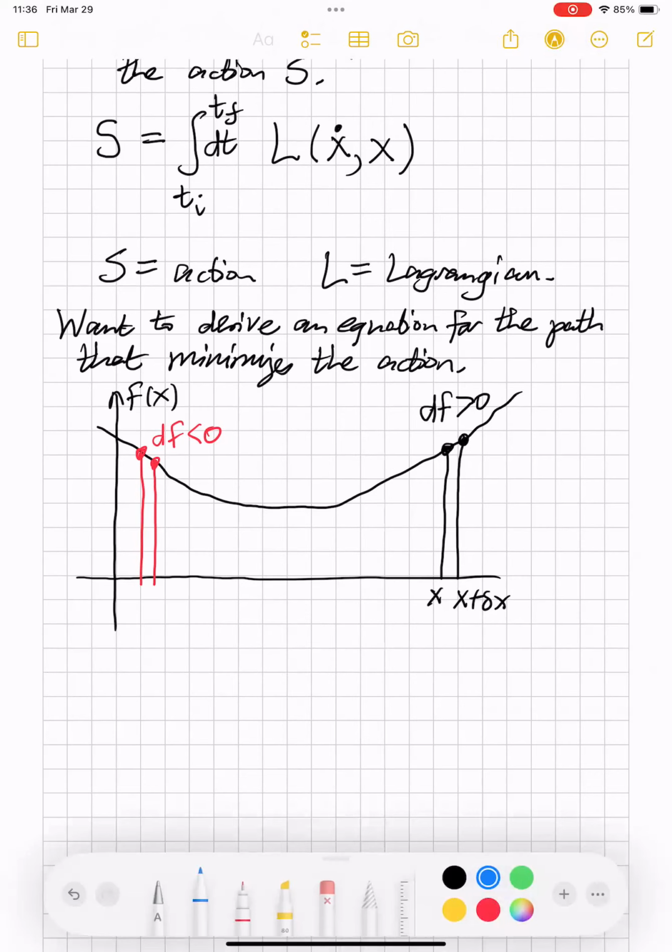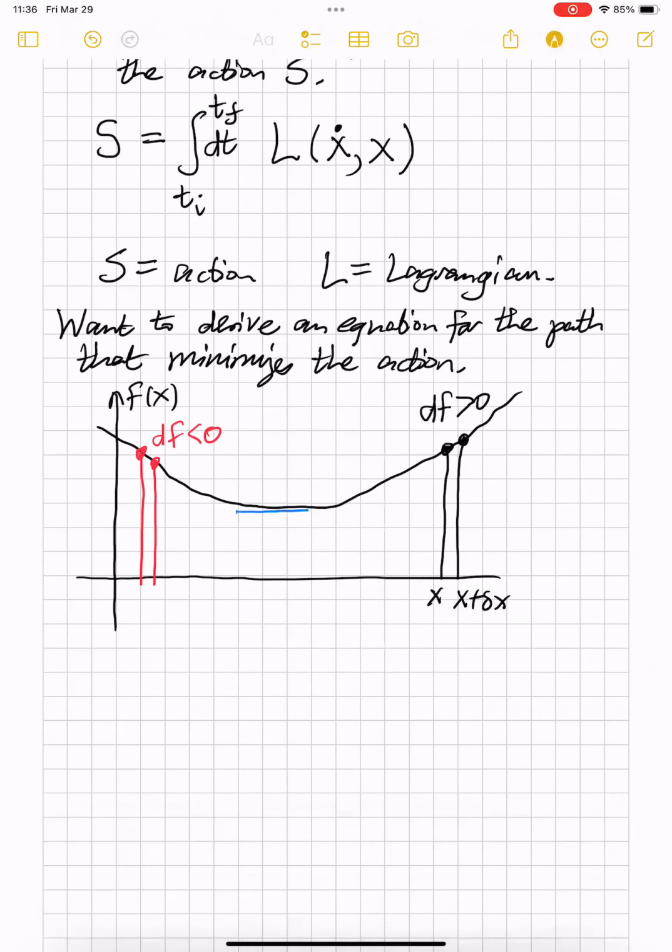But there'll be some point in the middle here where actually the function reaches its minimum, okay? It becomes tangent to this horizontal line. And if I pick a point of the function here, and I pick a neighboring point, so this is at the minimum, then df is equal to 0 at the minimum.